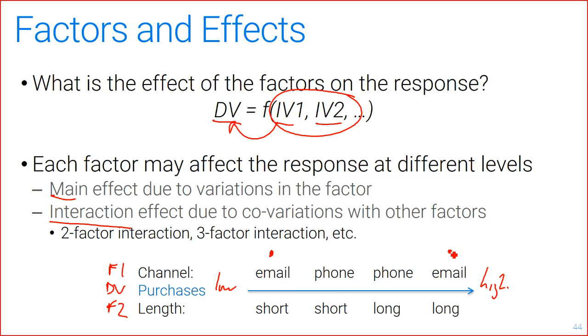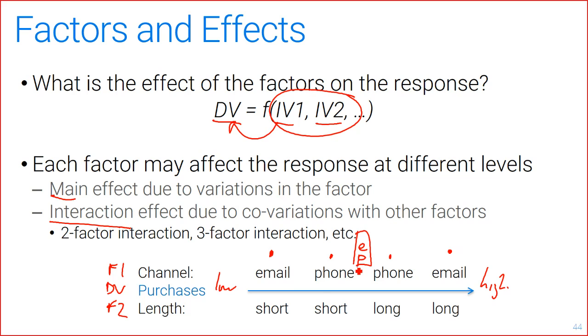So for email, we would say that on average, we are about here. If we look at phone, short is around there, phone long is about there. So on average, we're going to say that the phone is also over there. The purchases in the level phone are about the same as the purchases in the level email. So what we see is that in terms of purchases, there appears to be no difference between email and phone. On average, they appear to lead to the same amount of purchases.